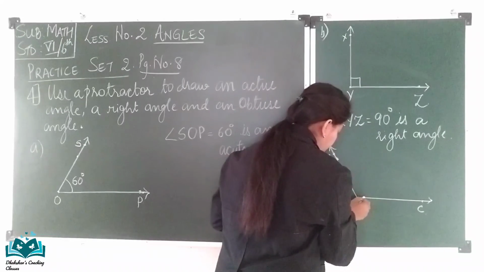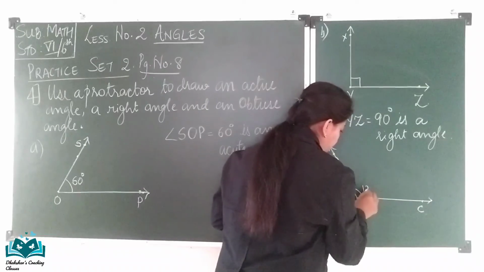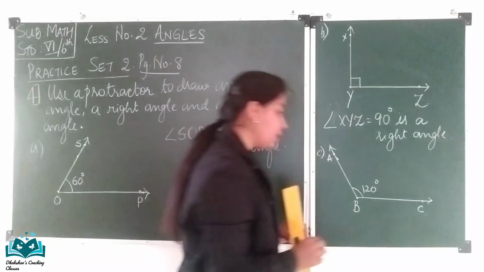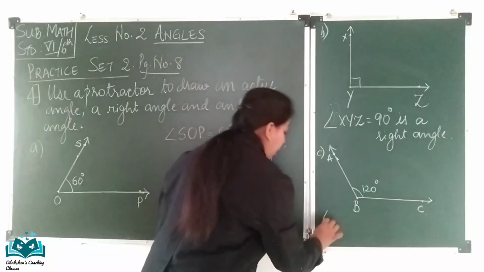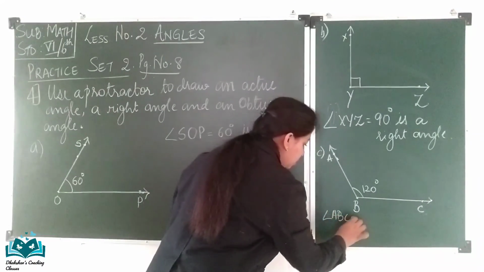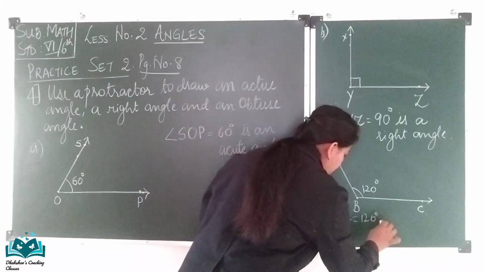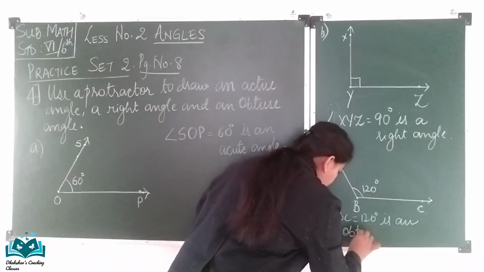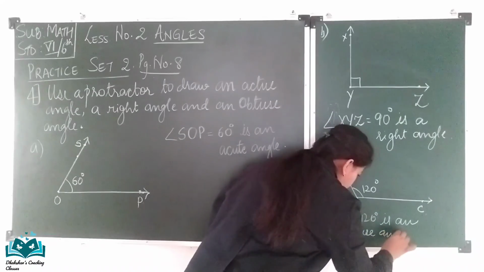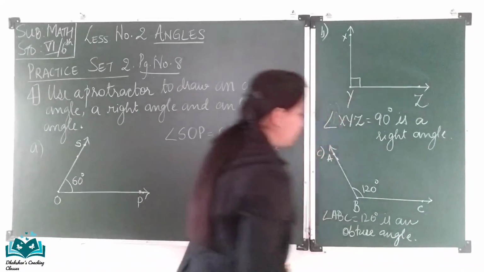Angle ABC is measuring 120 degree and it is your obtuse angle. Angle ABC is equal to 120 degree is an obtuse angle.